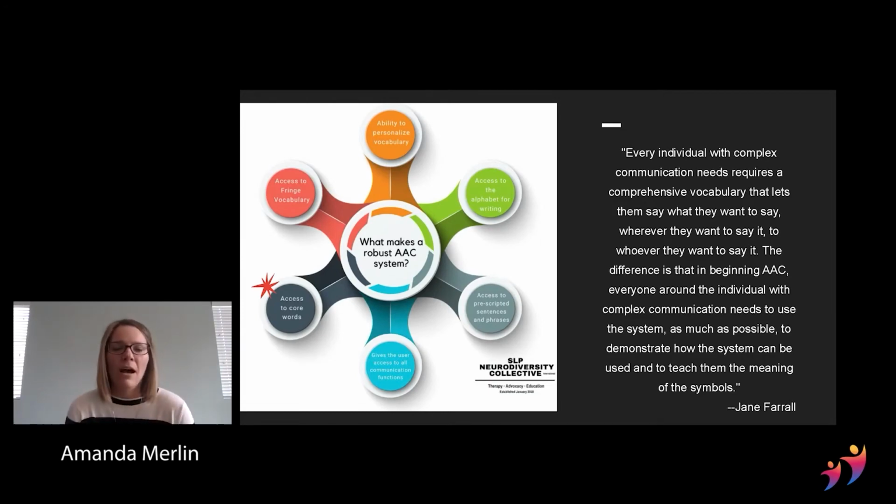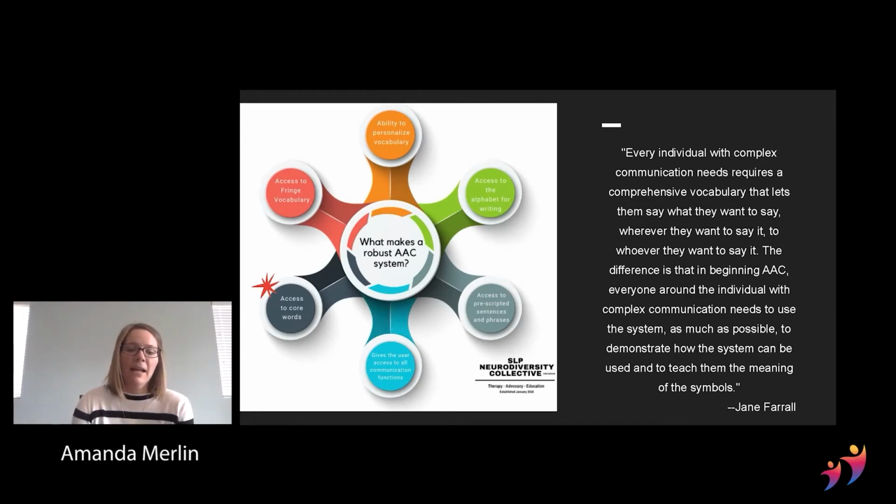For our AAC users, they should have access to those units of language that we have access to in our brains, those pre-scripted sentences and phrases, stories that we tell all the time. There should be something stored for our AAC users so they have access to quick language as well.